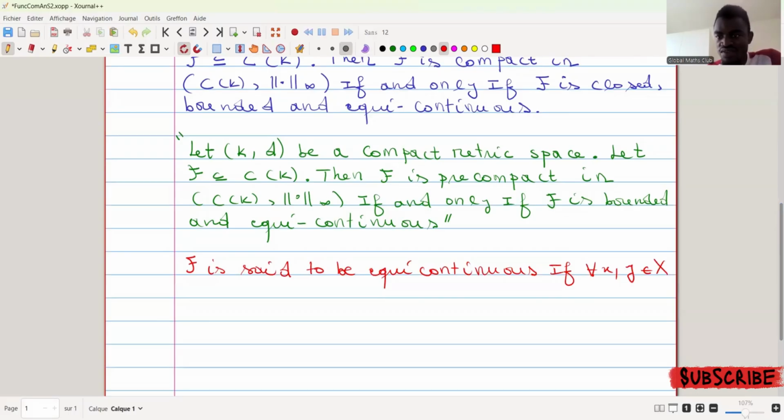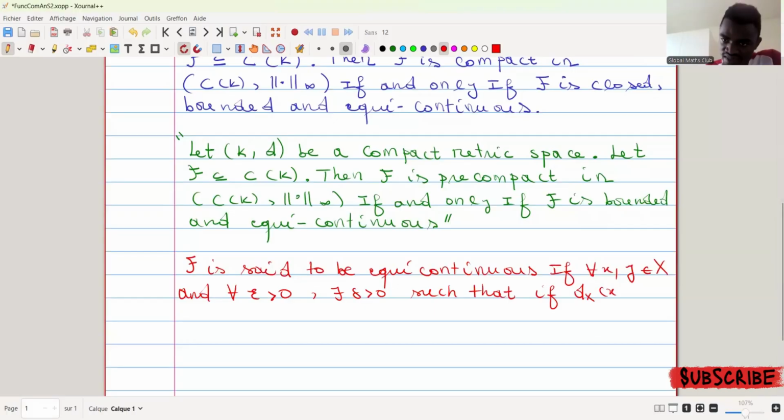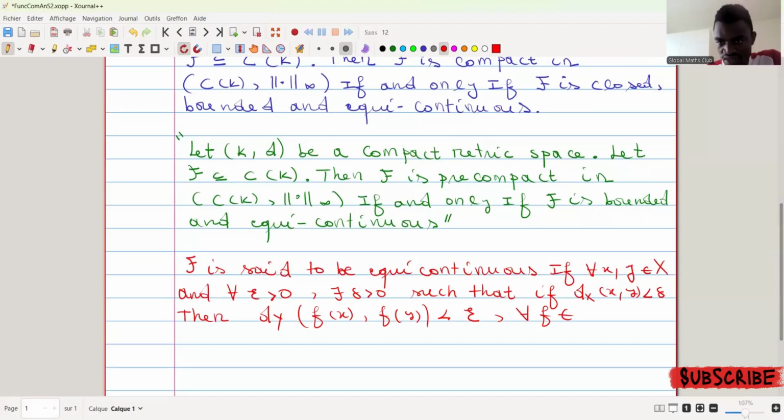So F is said to be equicontinuous if for all x and y in X and for all epsilon there exists a positive delta such that if the distance between x and y is less than delta, then the distance between f(x) and f(y) is less than epsilon for all functions f that we take in the set, so in the family of functions F.